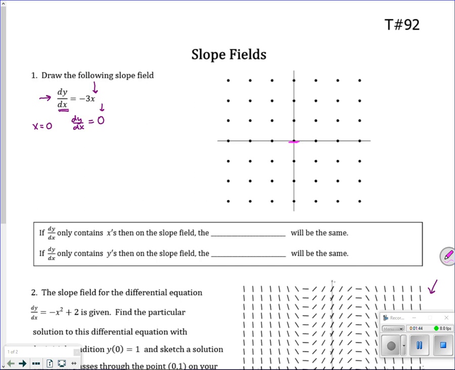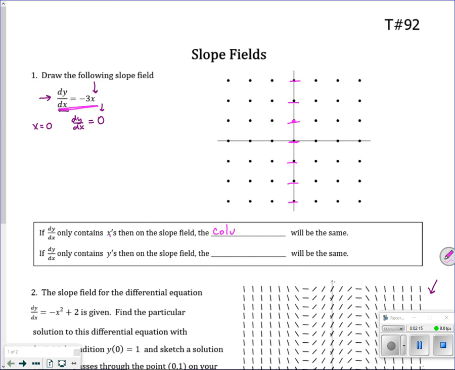Now, again, when x equals 0, isn't it true that this point is 0, comma 1? Isn't x also 0 there? So I know that all of these are going to have a slope of 0, so I draw that horizontal line. What makes your timing a little faster is, if dy/dx only contains x's, then on the slope field, what will be the same?